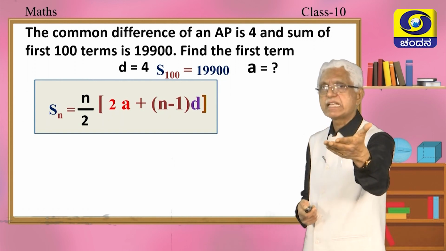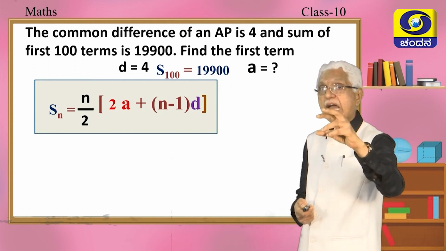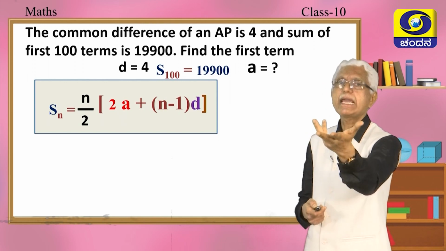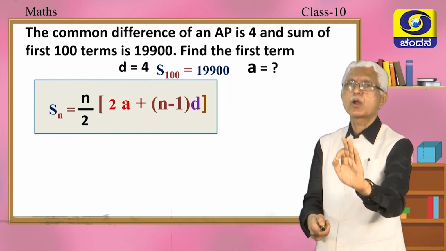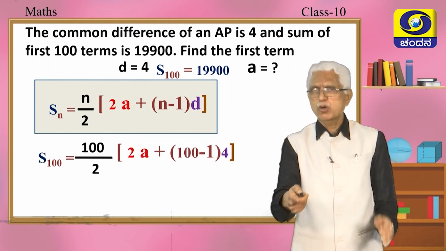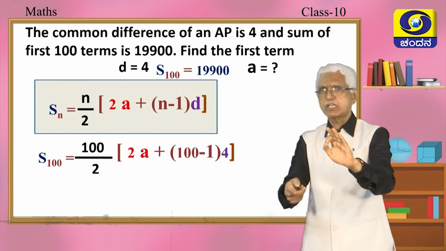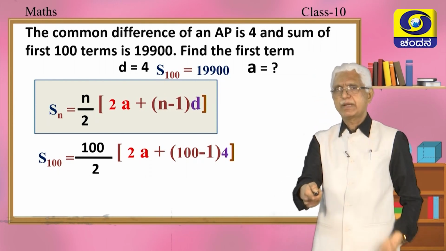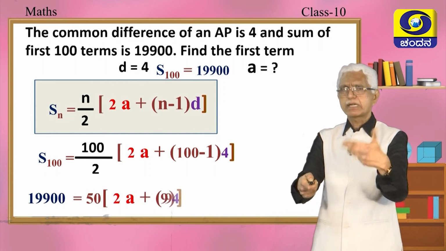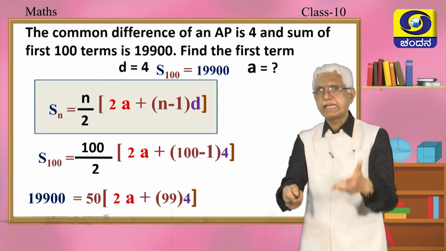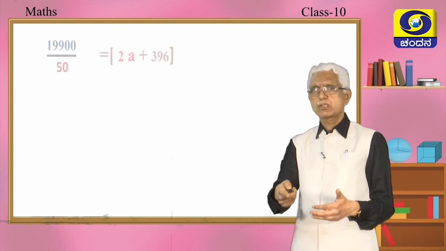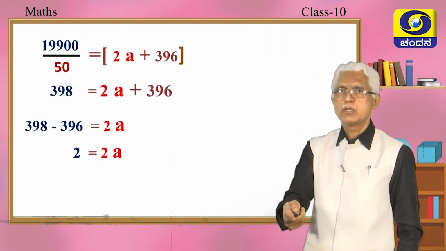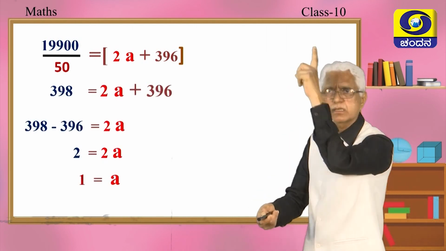Yes, S100 is 19,900 and N is 100. A you have to find out. Same formula you will have to use. I will go quickly, it is just substitution. Okay, S100 is 100 by 2. I have just substituted in place of N, A, D, correct? And when you substitute and simplify, my dear children, you are going to get A as 1, correct?